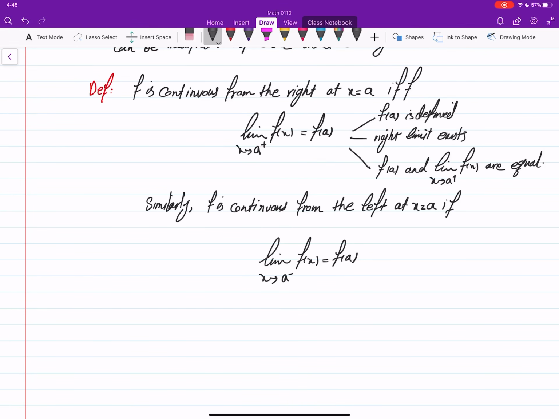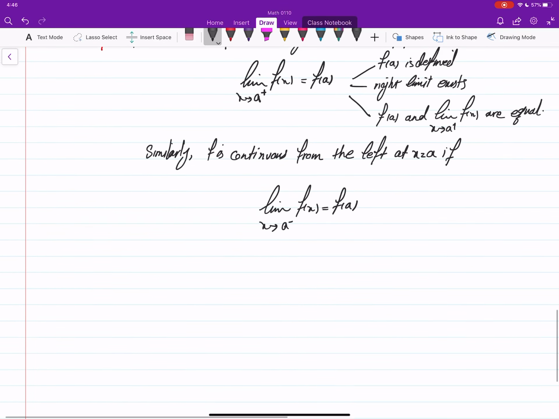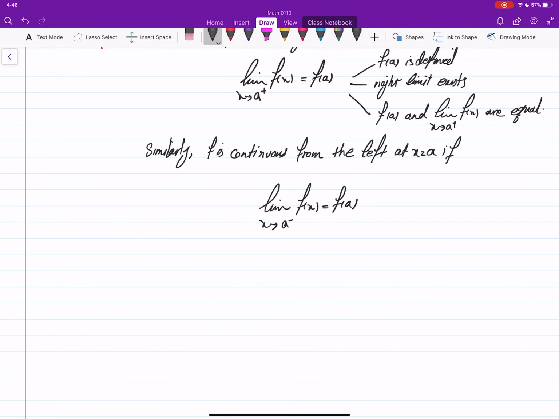So that gives us one-sided continuity. The important point is that this one-sided continuity is used when you want to define a function as continuous on an interval. So this is the final definition for us.